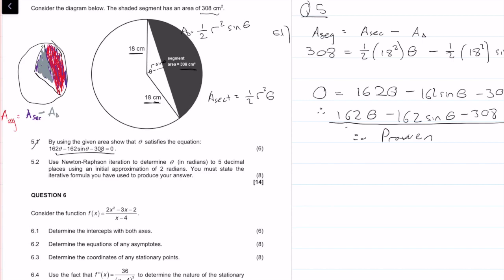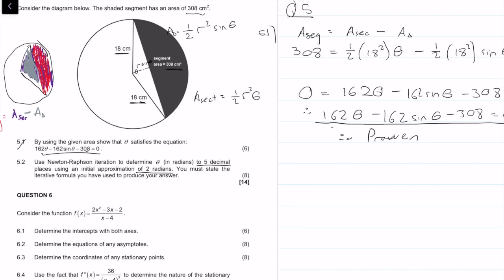Then it says use Newton-Raphson's iteration to determine theta to 5 decimal places using initial approximation of 2 radians. You must state the iterative formula. Okay, so for Newton-Raphson's method, let's go and get what we need.